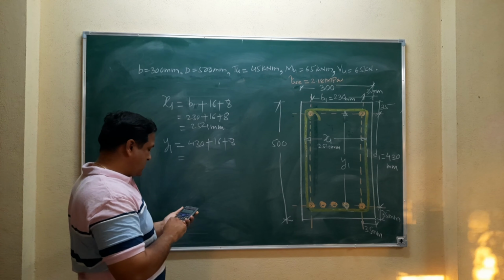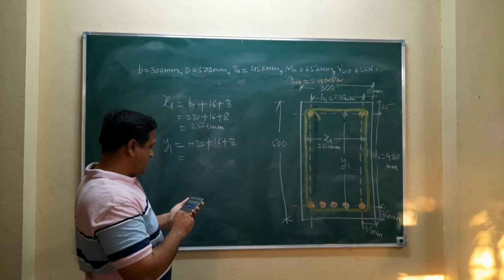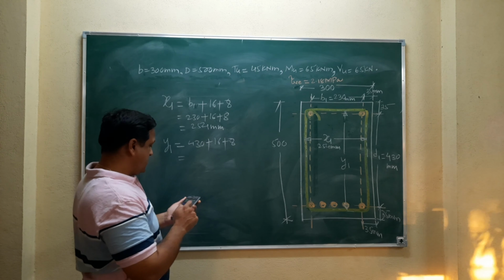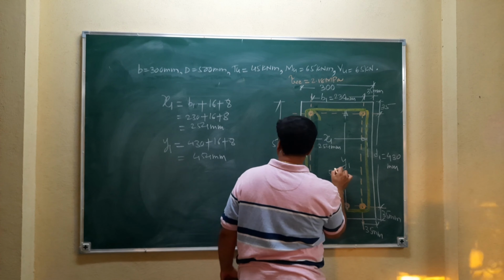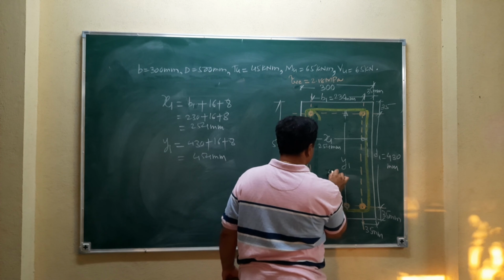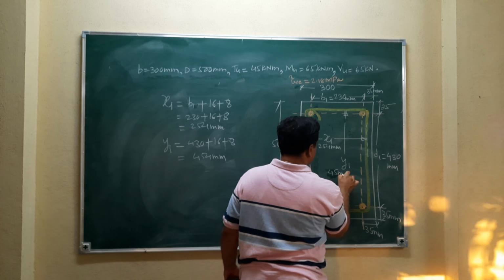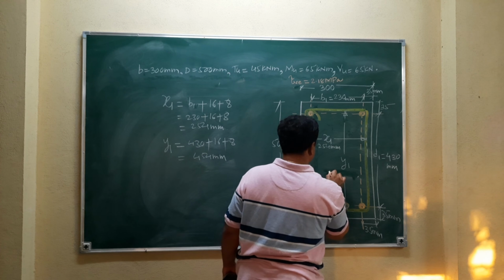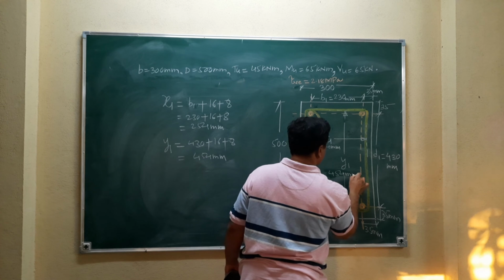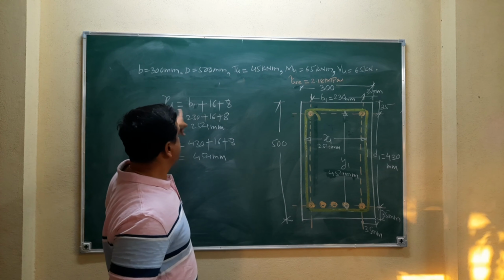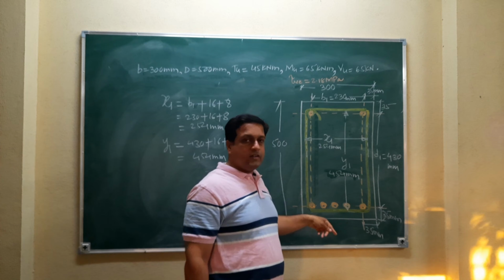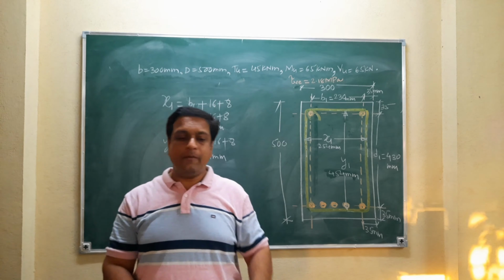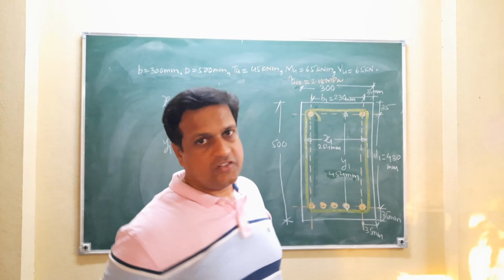So it is 430 plus 16 plus 8, which is 454 mm. Please correct this value: 454 mm. So this is the calculation of x1 and this is the calculation of y1. Please try to provide the same diameter bar at tension and compression steel.